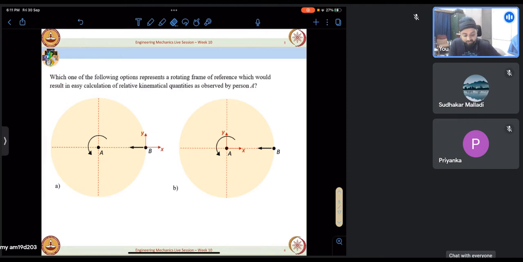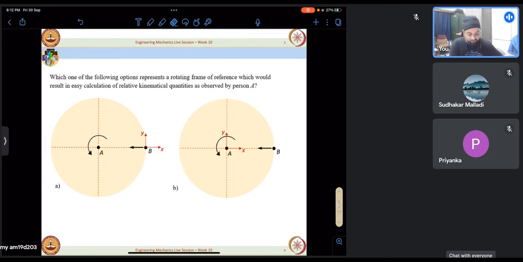The basic idea is that when we are dealing with rotating frames of reference, all the relative quantities start coming in, V_rel, A_rel. All these are with the disk. So when we have pinpointed that the person has to measure the relative quantities, it is better that we make the person the origin and observe the things.